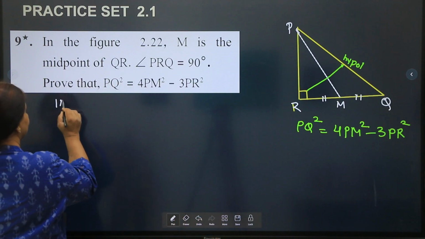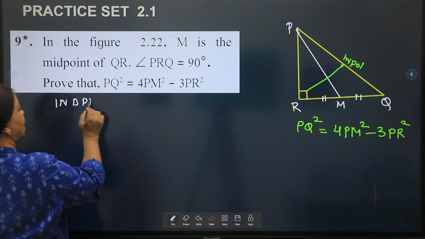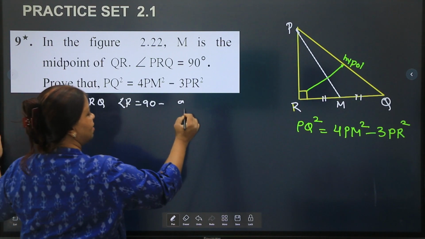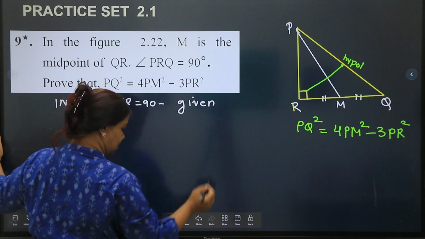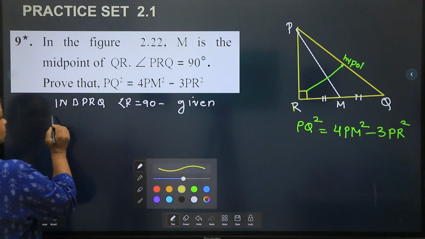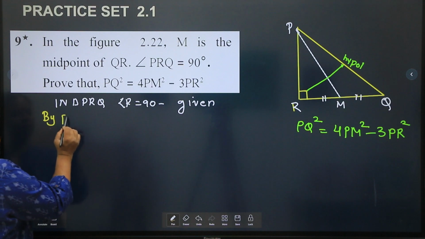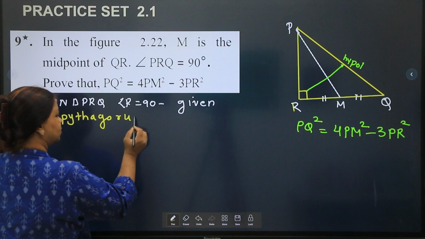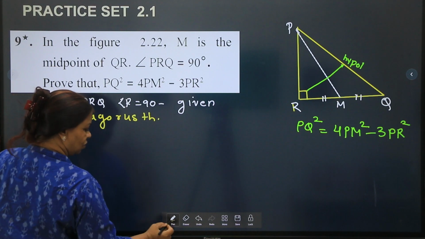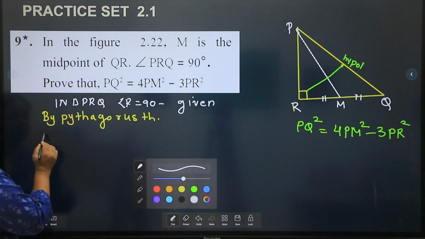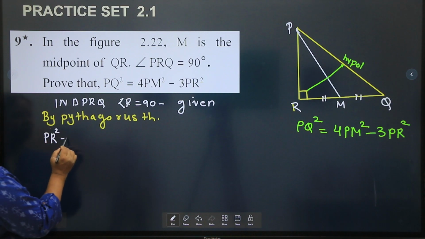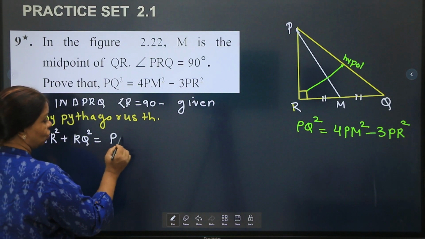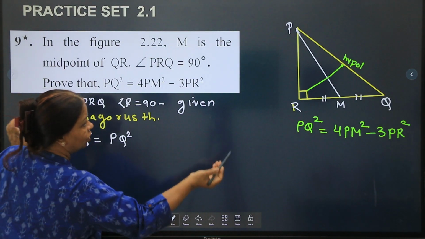So in triangle PRQ, angle R is equal to 90 degree and this is given, therefore by Pythagoras theorem, we will get PR square plus RQ square is equal to PQ square. I wanted PQ, I got PQ.